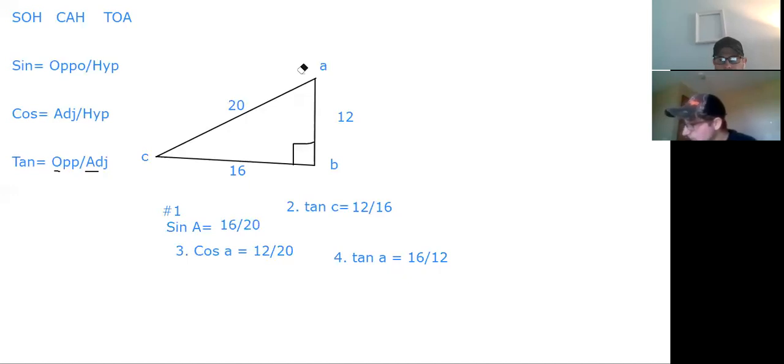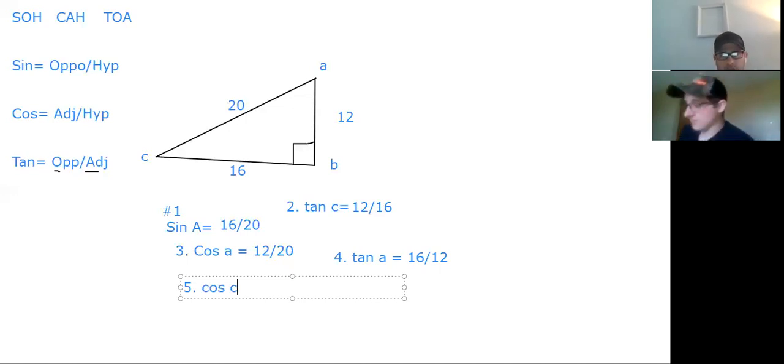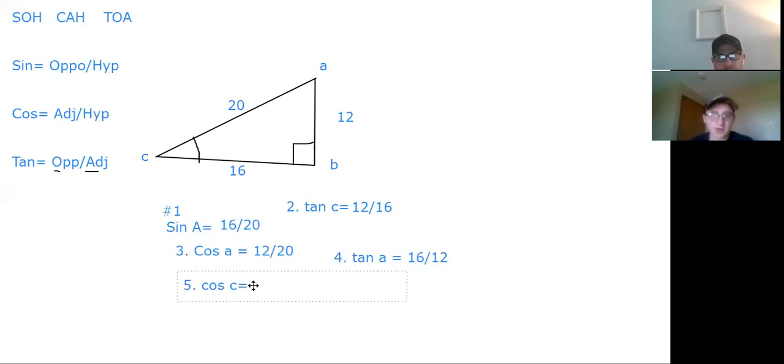Okay. Number 5. What we got? Cos C. Cosine of C. What does that equal? So if I look at this C right here, cosine is the adjacent over the hypotenuse. So what's the adjacent of C? Should be 20?